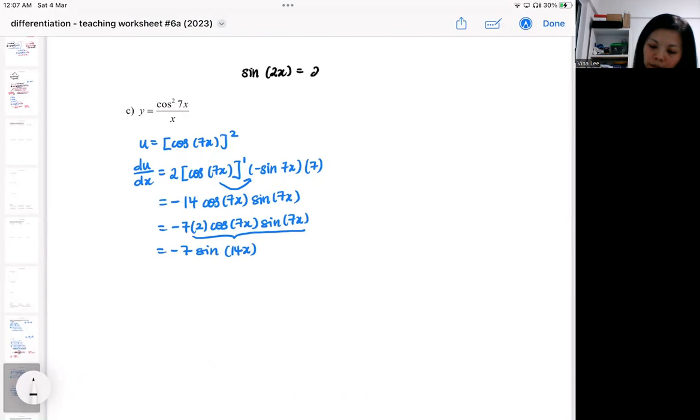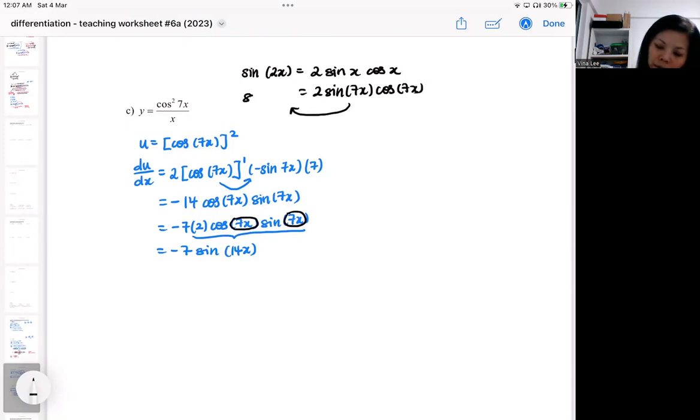So double angle looks like this. So that is a generic double angle. So in our case, we got the 7x. So I got sine 7x, I got cosine 7x. That's why if I condense it back, I should get a sine 14x. It's the doubling of the angle.